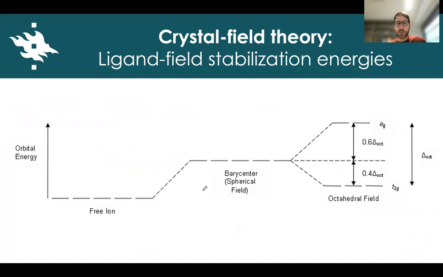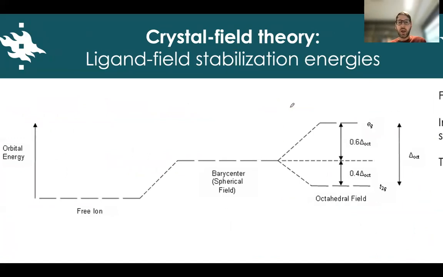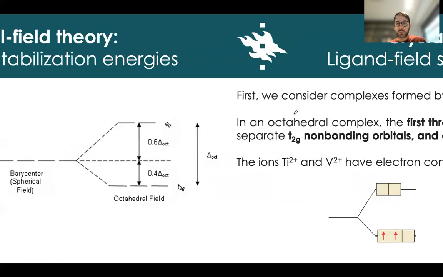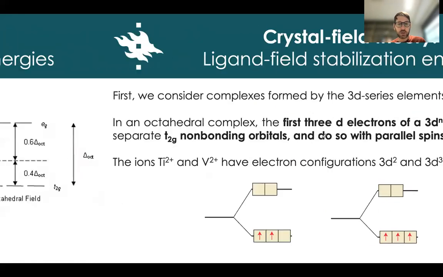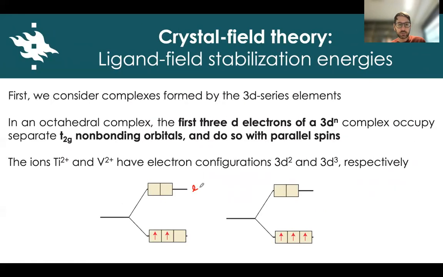So this is the picture that we have for the octahedral field, right? And then let's just focus on this region for now, right? So here we have Eg and T2g. So let's first consider complexes formed by the elements of the 3d series.